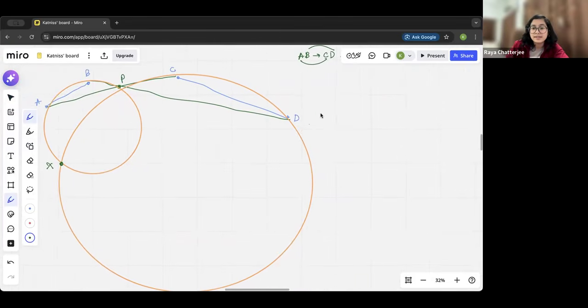Can you prove now that I'm claiming triangle XAB is similar to triangle XCD? Can you try to prove this real quick? Just verify.